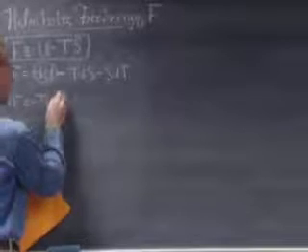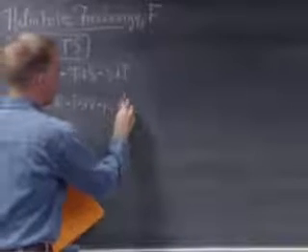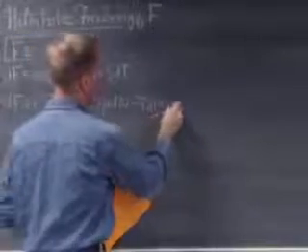What should I do next? Substitute in the dU. Right. So I use the thermodynamic identity, substitute it in for dU. So dU was TdS minus PdV plus mu dN. And then I've got these two terms, minus TdS minus SdT.